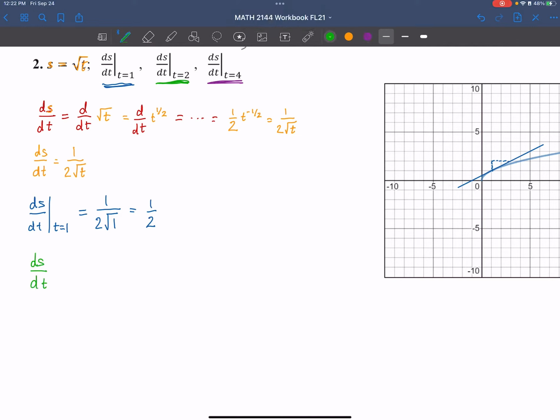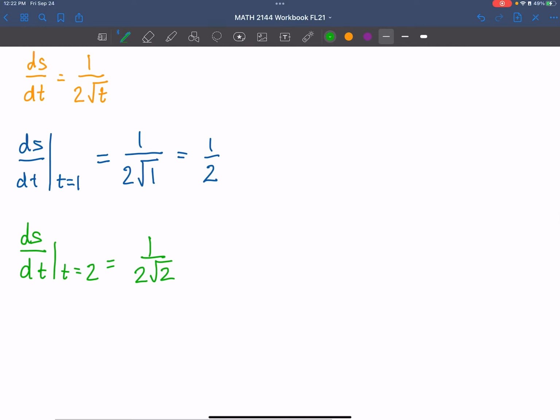So ds/dt evaluated at t equal to 2 would be 1 over 2 square root of 2. Remember that typically at this point, as you see examples, the denominator will always be rationalized. So you multiply top and bottom by the square root of 2, and you get square root of 2 over 2 times 2, or square root of 2 over 4.